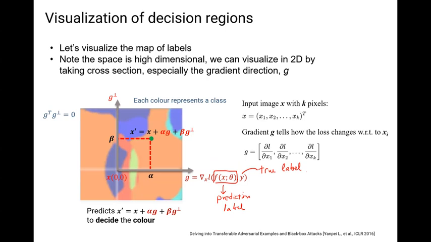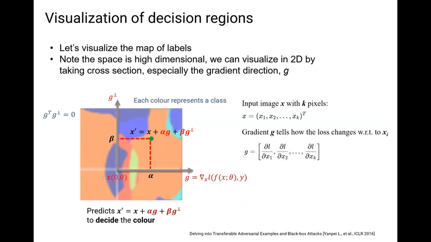There could be a difference between these two, so you can compute a loss between your predictions and the ground truth. Usually it's the cross entropy loss. And the gradient of that is, for each small change in your pixel value, what will be the loss change? So you can form a vector like this, and this is the gradient.